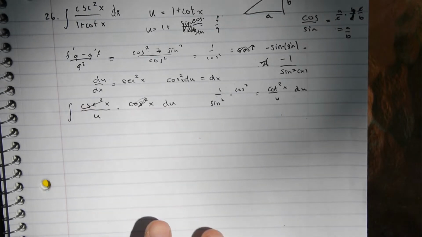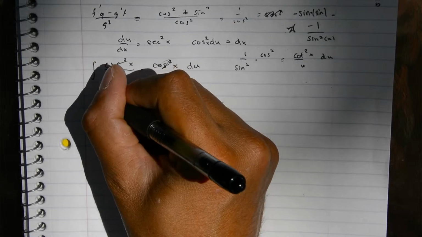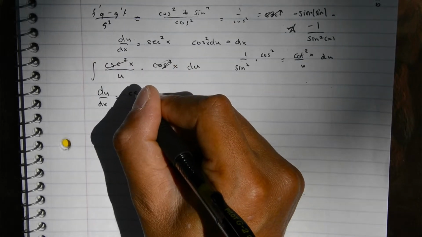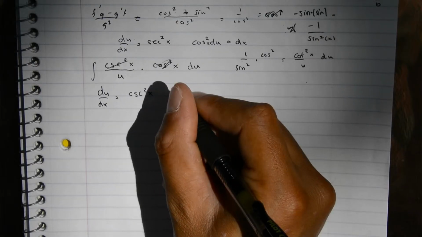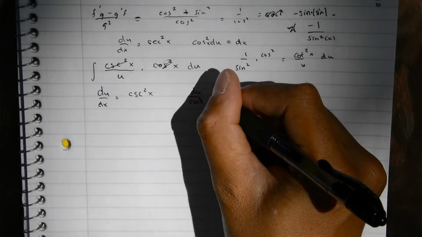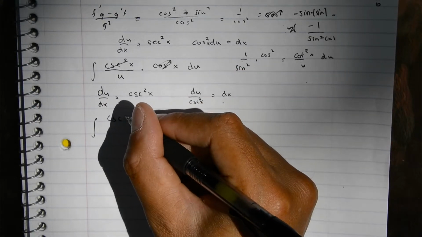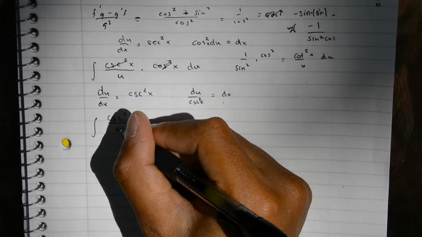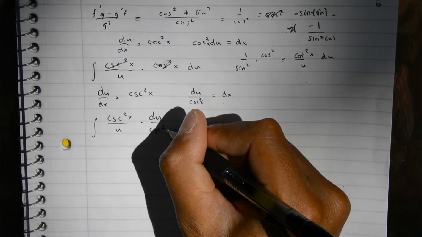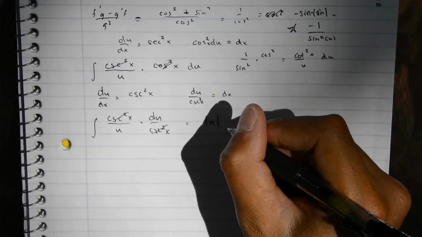Okay, let's just take a step back. So we have du dx is equal to cosecant squared x. So then du over cosecant squared x is equal to dx. So then we get this integral of cosecant squared x over u times du over cosecant squared x. Then we get ln.